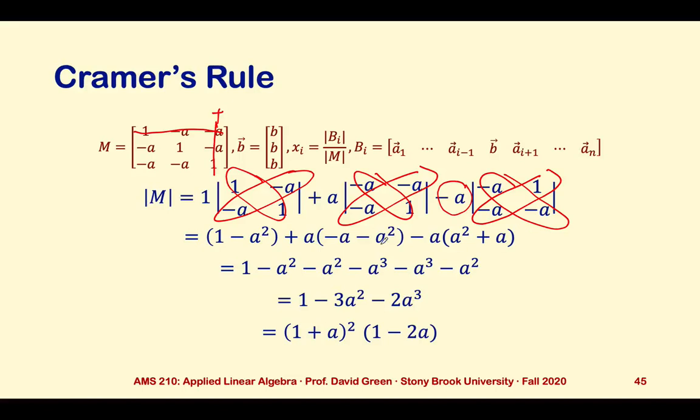And then to group like terms, we have a negative a squared, a negative a squared, and a negative a squared to become negative 3a squared, a negative a cubed and a negative a cubed to give us negative 2a cubed. It's fine if you want to leave it at this point.